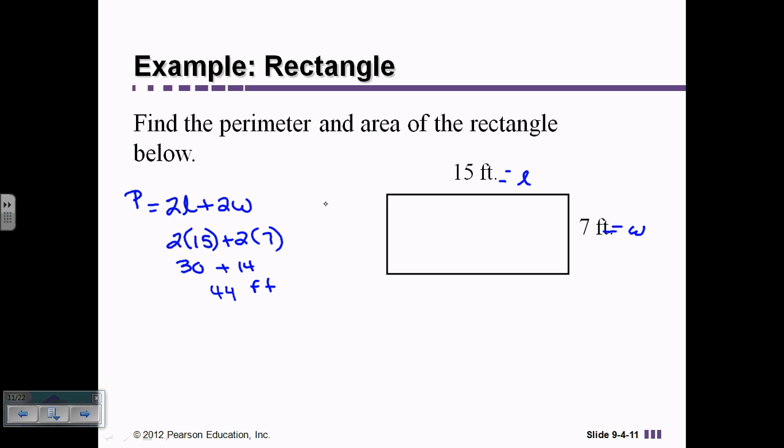Okay, if I want to find the area of the same rectangle, it's length times width. So it's going to be 15 times 7, and 15 times 7 is 105. And we write this as feet squared or square feet. You can say it either way.